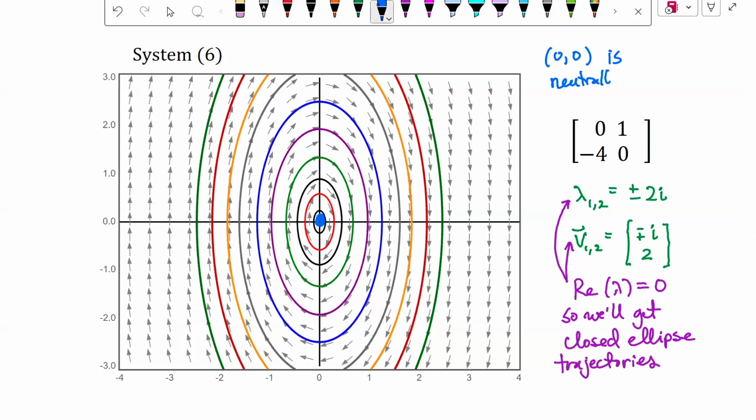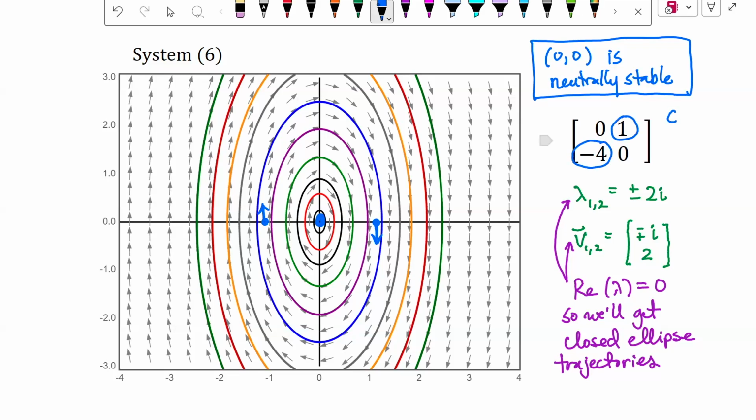This also means that our equilibrium point at (0, 0) is considered neutrally stable. Once again, we can figure out the direction of flow either by plotting sample trajectory points or by simply using our theorem and noting that C is negative and B is positive, which indicates that we will have clockwise flow.